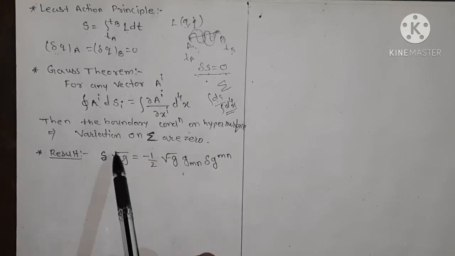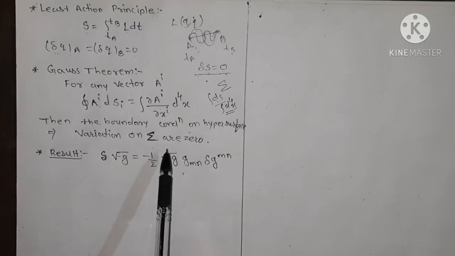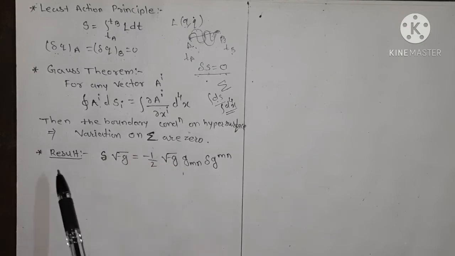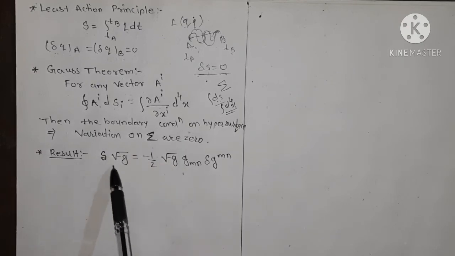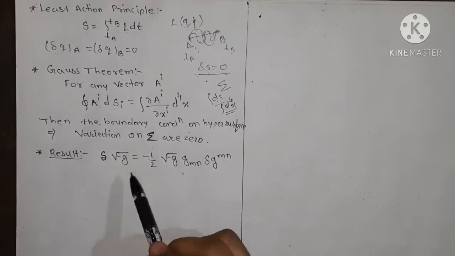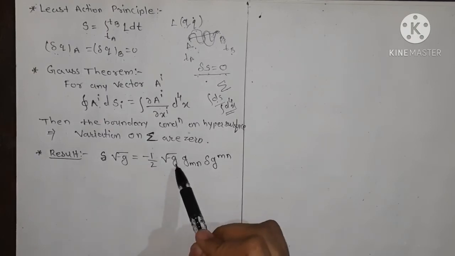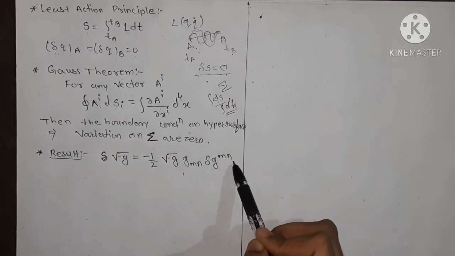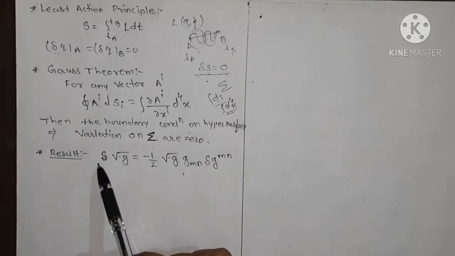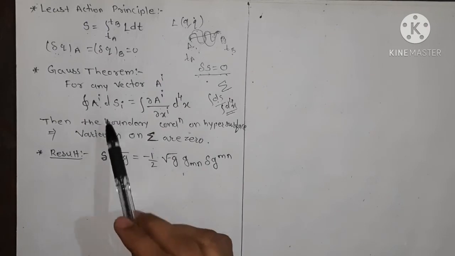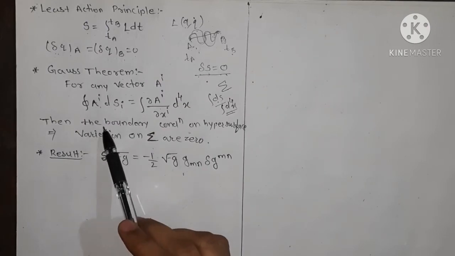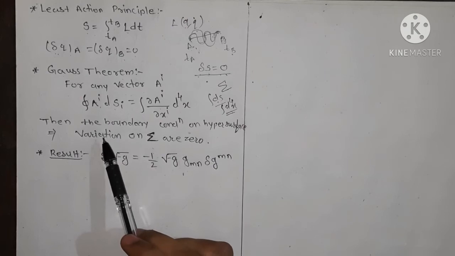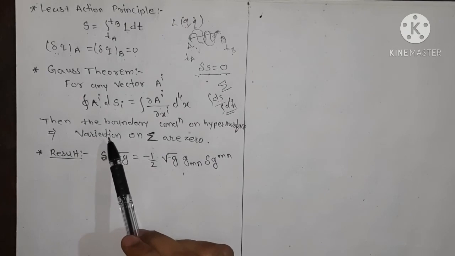From this boundary condition, we have that the variation on the summation is 0, and we saw the result that delta of root of minus g is equal to minus half root of minus g, g lower mn, delta of g upper mn. So we use all these results and relations in deducing the Einstein field equation.